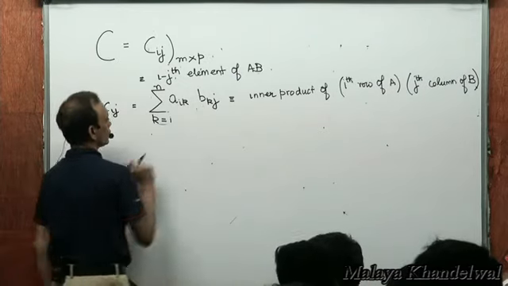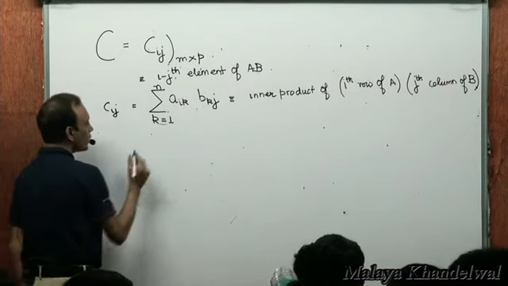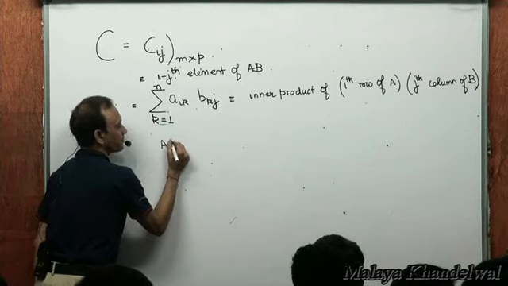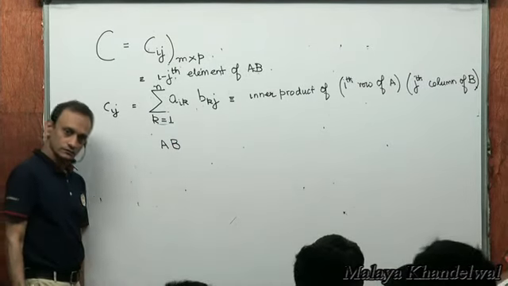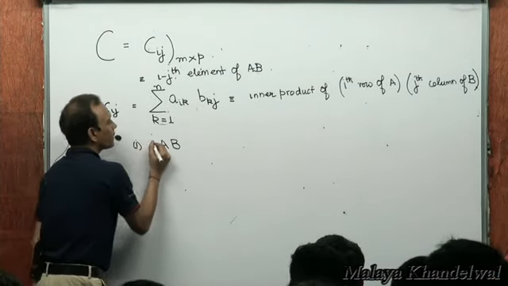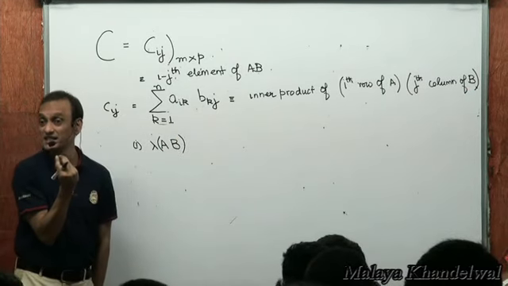Now, 1: if it's possible to multiply A and B, then lambda times AB, where lambda is a scalar.